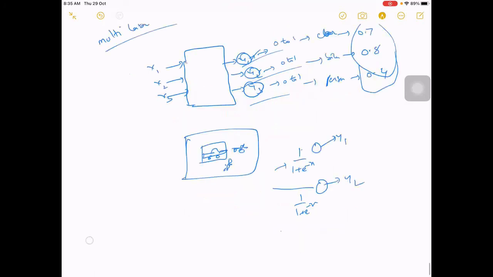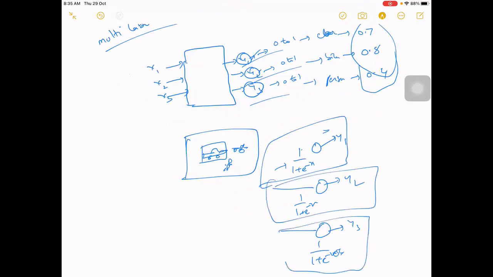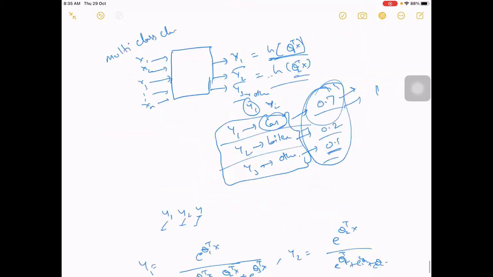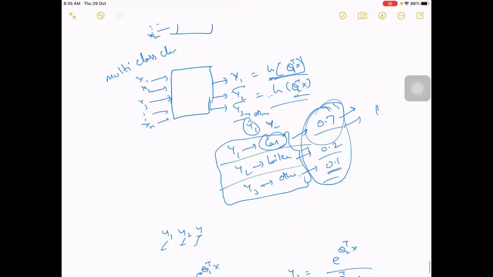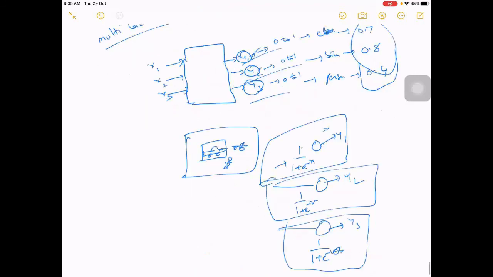So these can be computed independently. The combined one happens in the case of multi-class, and this happens in the case of multi-label. That is the main difference between these two.